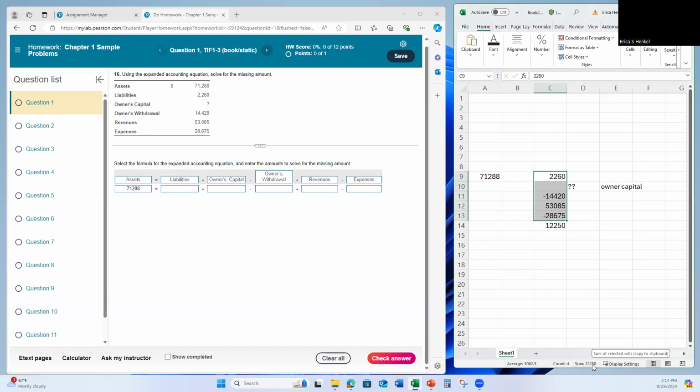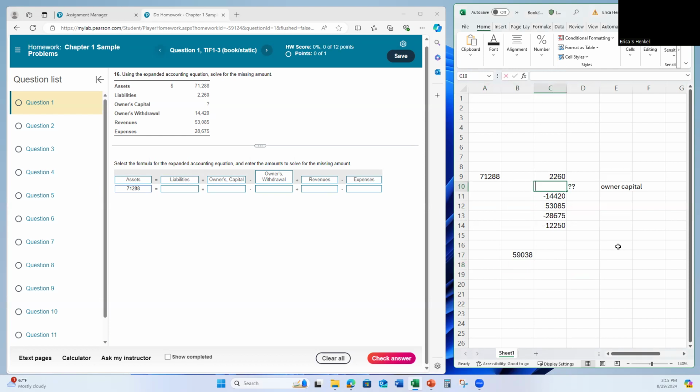So the sum of these numbers, positive 2260, negative 14,420, positive 53,085, minus 28,675 gives us 12,250. So if I take the difference between our assets on the left and this total we have on the right, that gives me a difference of 59,038.